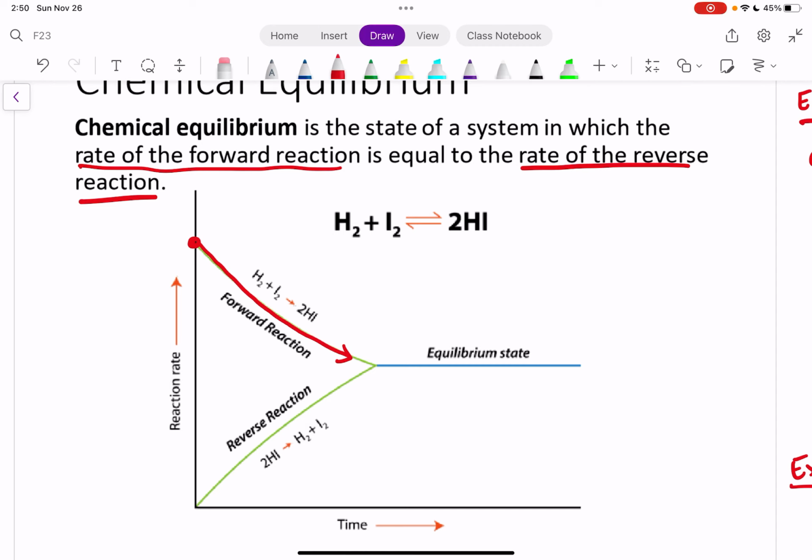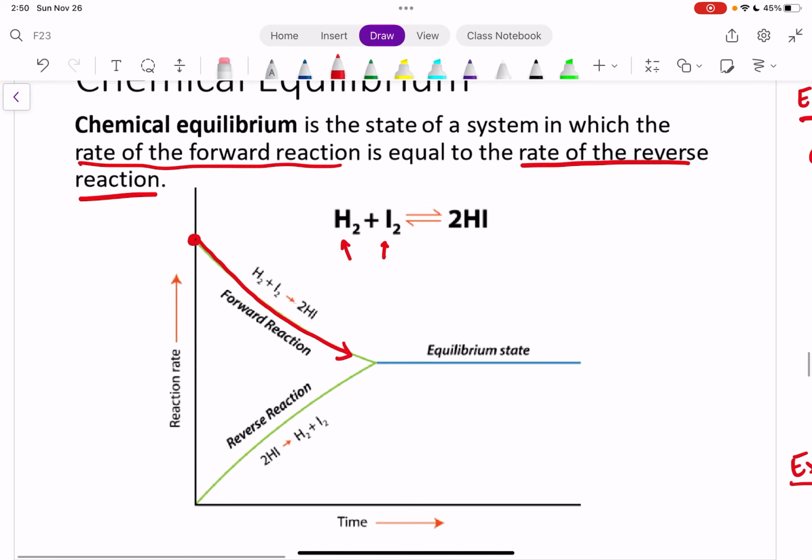And the reason for that is if I'm reacting some H2 and some I2 and producing my HI, as I'm producing more and more HI, I've got less and less of my reactants to react with each other. I'm using them up, combining them, and I'm making my HI. So the rate of the forward reaction is going to slow.